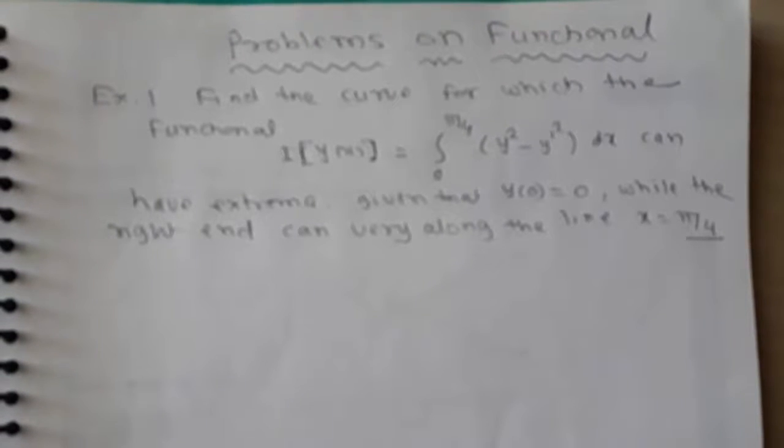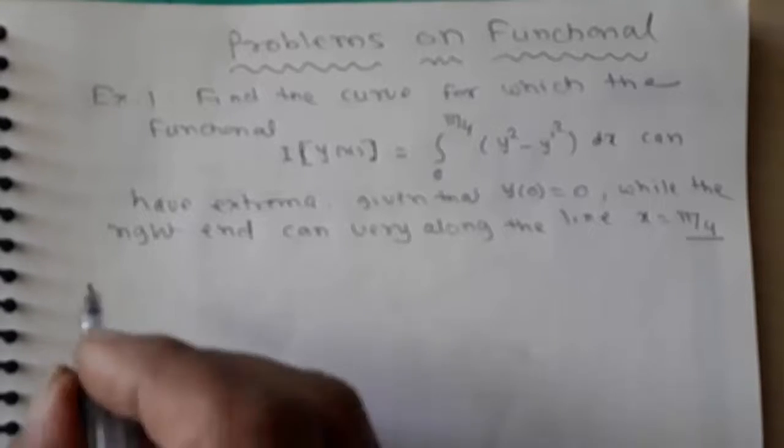Here the right hand end can vary along the line x equal to pi by 4.